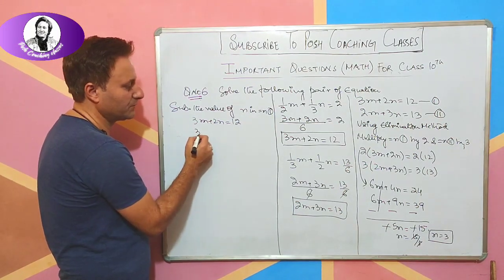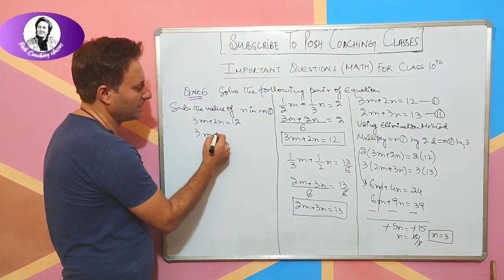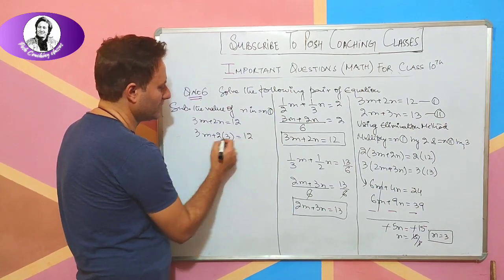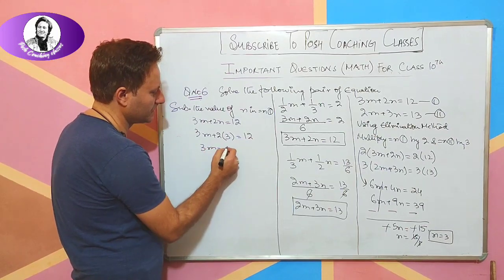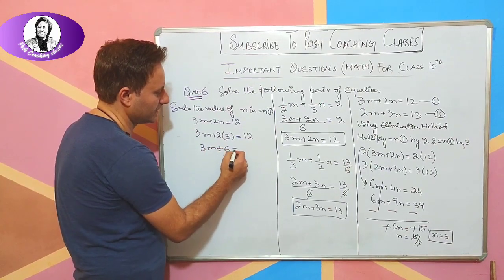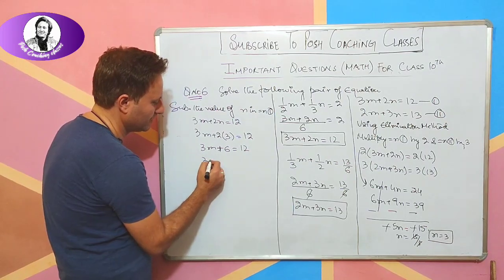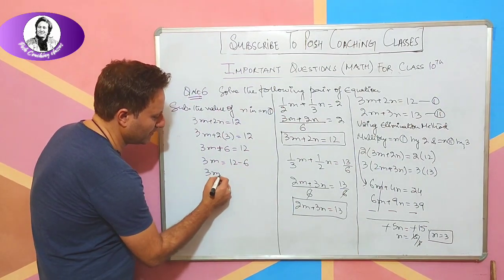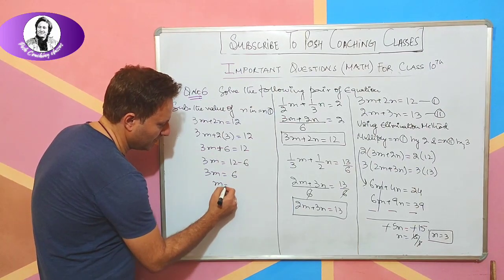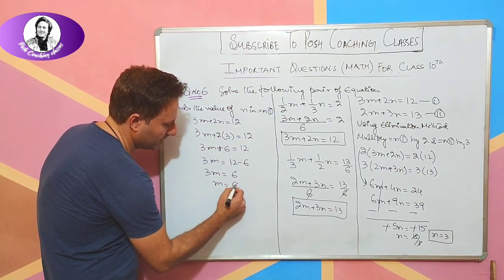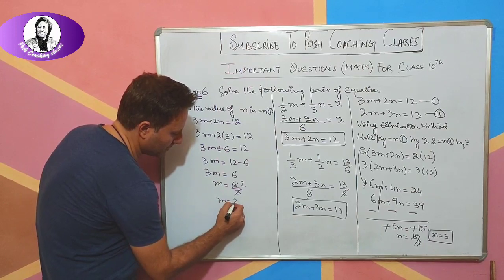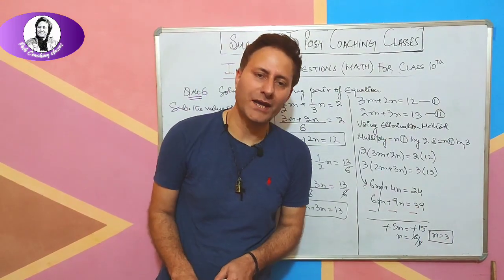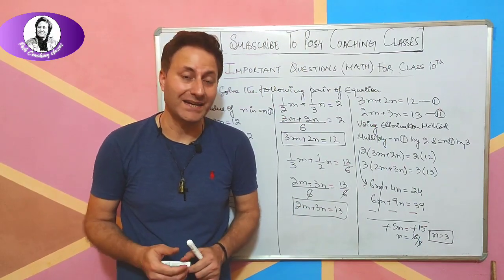What does this become? 3, m remains the same, then I have 2, n is 3 is equal to 12. 3m is plus 6 is equal to 12. 3m is equal to 12 minus 6. 3m is equal to 6. m is equal to 6 upon 3. m is equal to 2. So here I have got the value of m and I have got the value of n as well.